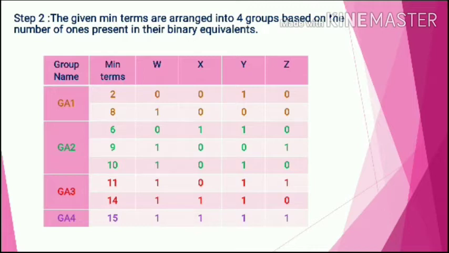Then 11 and 14 contain 3 ones, so separate them into another group. And the minterm 15 contains 4 ones, so separate it into another group. In this way, 4 groups are formed based on the number of ones in the binary equivalent. For easy understanding, I used colors to separate the groups. The 4 groups are GA1, GA2, GA3, GA4.